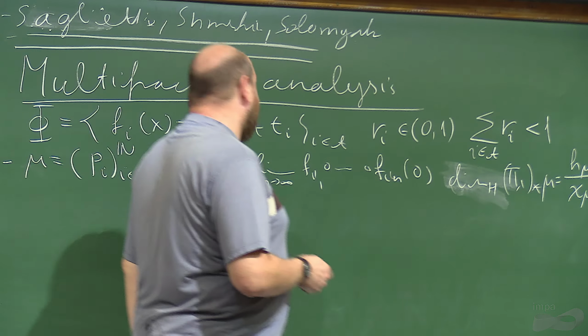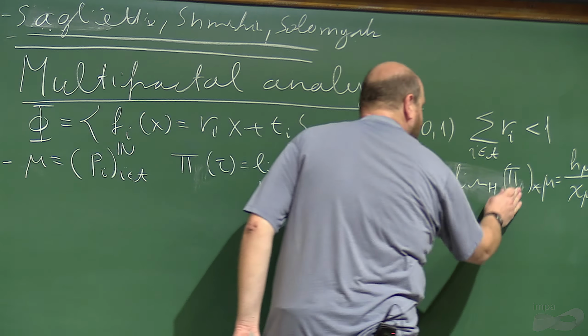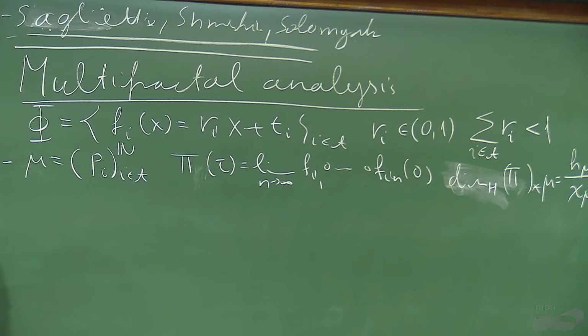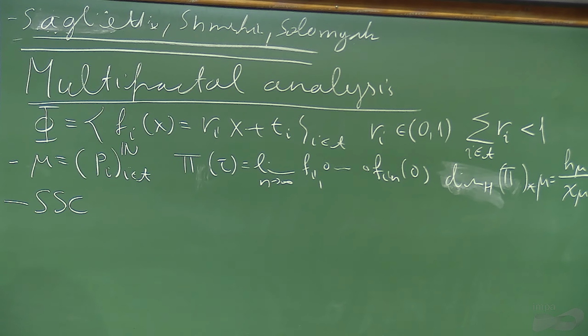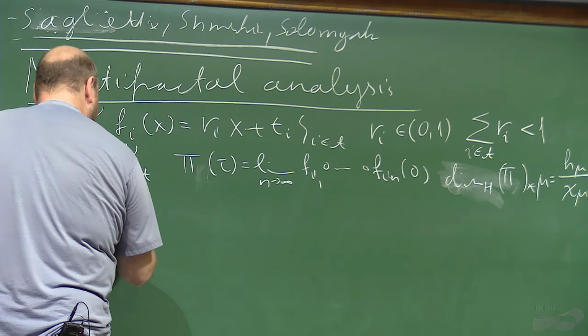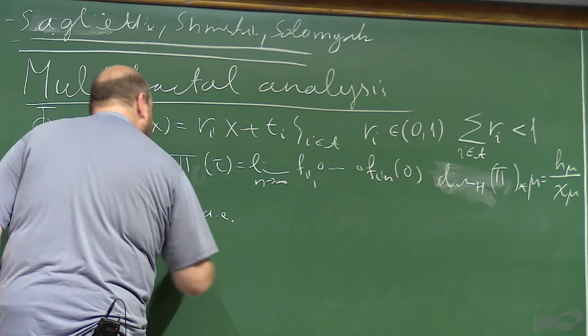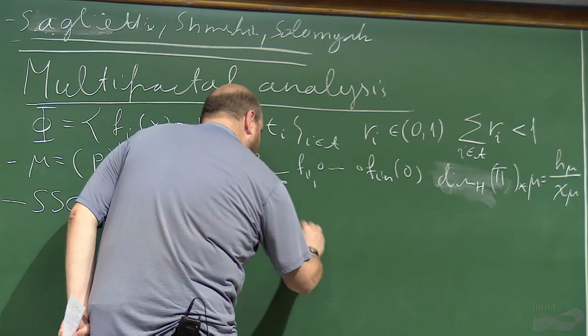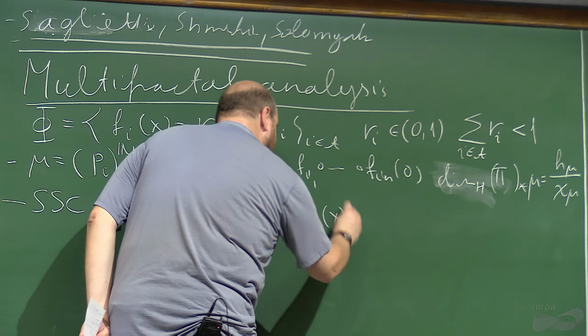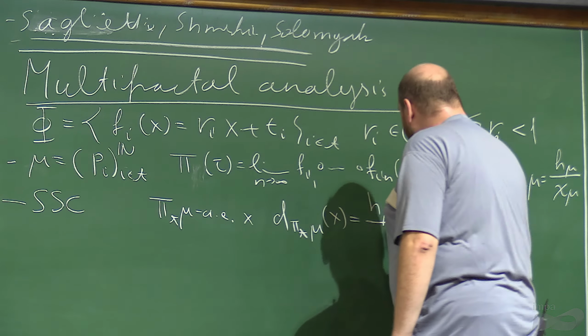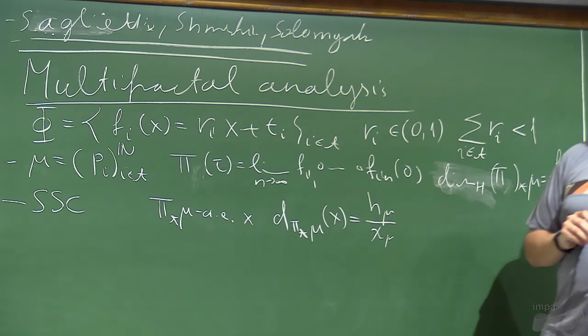Who is lambda? There is no lambda. Yes, thank you. At the moment, there is no lambda. So you know that the dimension equals the entropy over the Lyapunov exponent in two situations, basically: if you have strong separation or you have a typical choice of translations. And what does the dimension mean? The dimension means that for almost every point, if you look at the local dimension at x, it equals this entropy over the Lyapunov exponent. This is what it means.